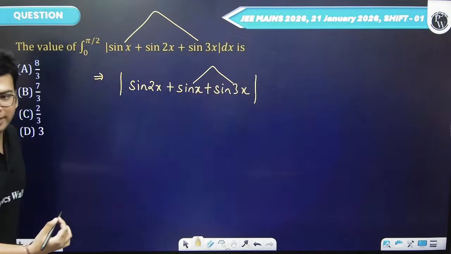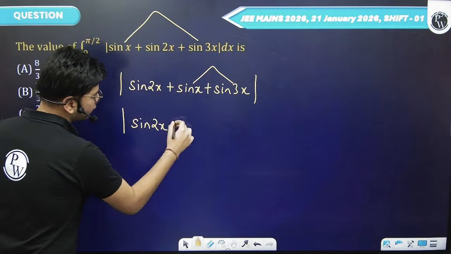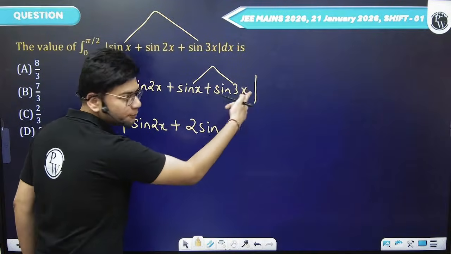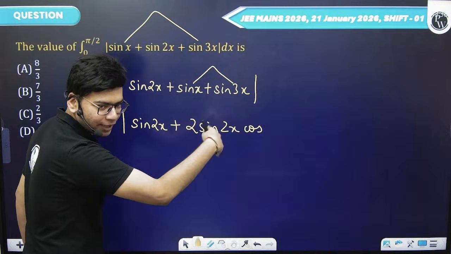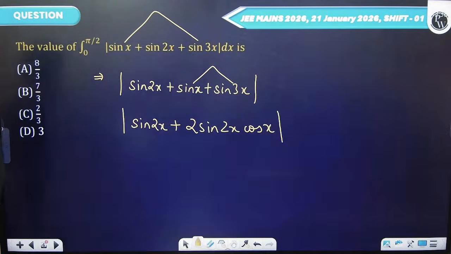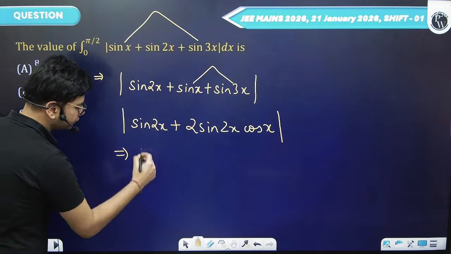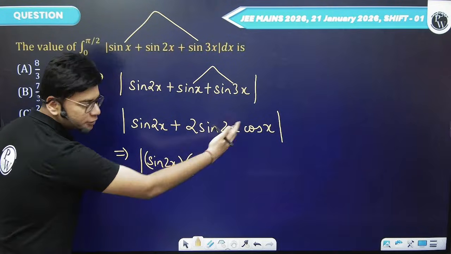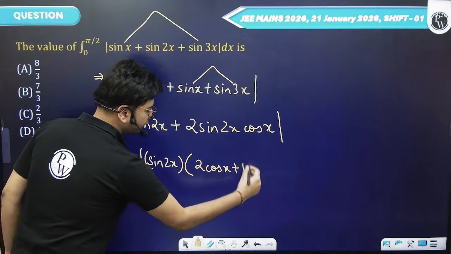Sin C plus sin D, we know the formula: 2 sin of (C plus D) by 2, that is x plus 3x by 2, cos of (x minus 3x) by 2, that is cos x. So we'll get this. Now you can take sin 2x common. So mod of sin 2x, and this part will become 2 cos x plus 1.